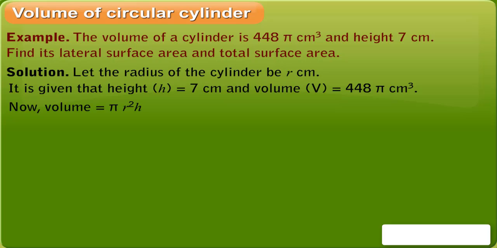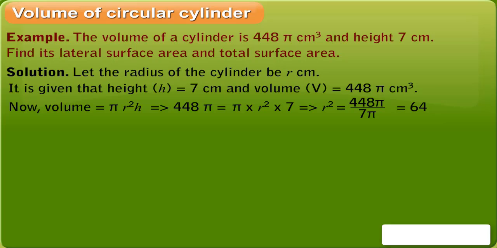Now, volume is equal to, we know the formula is pi r square h. This implies 448 pi is equal to pi r square into 7. This implies from here r square is equal to 448 pi by 7 pi, which is equal to 64.